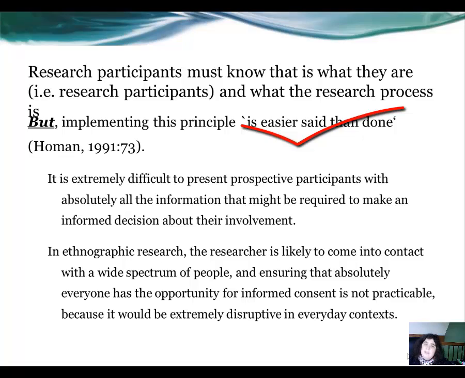because it can be extremely difficult to present prospective participants with absolutely all the information that might be required to make an informed decision about their involvement. For example, if in ethnographic research, the researcher is likely to come into contact with a wide spectrum of people, and in ensuring that every participant in that collection are informed is possibly not practical, because it would be extremely disruptive in everyday contexts.